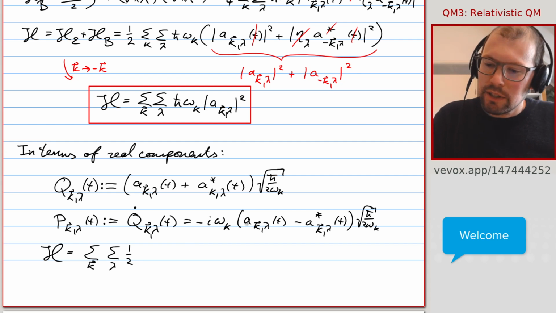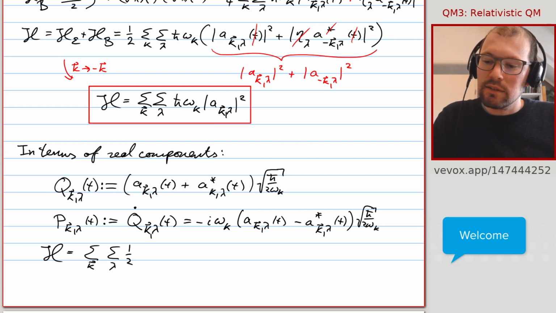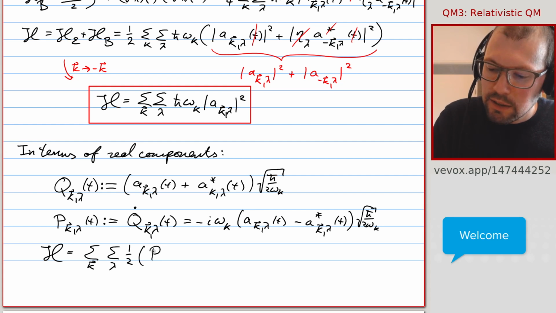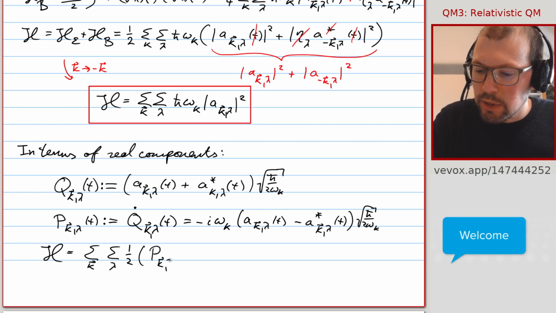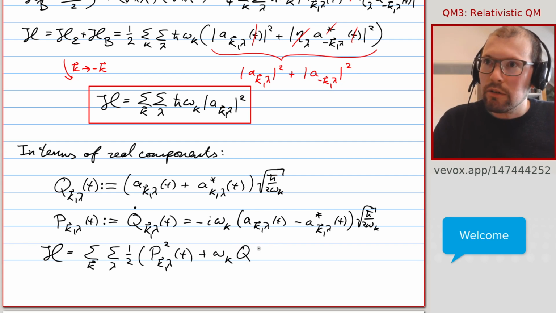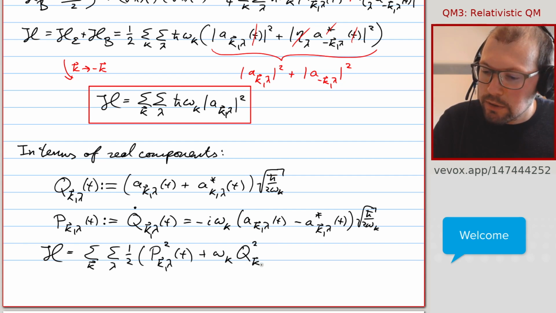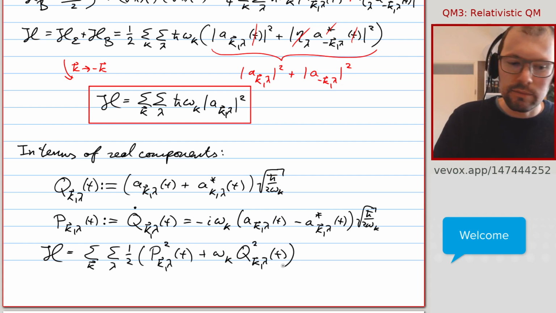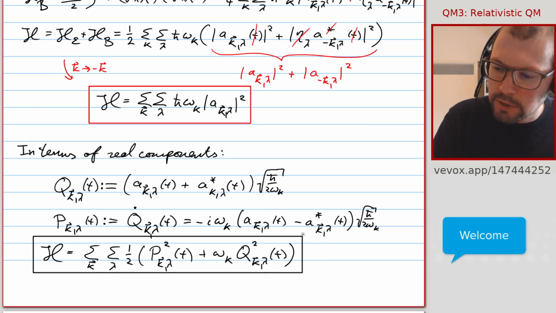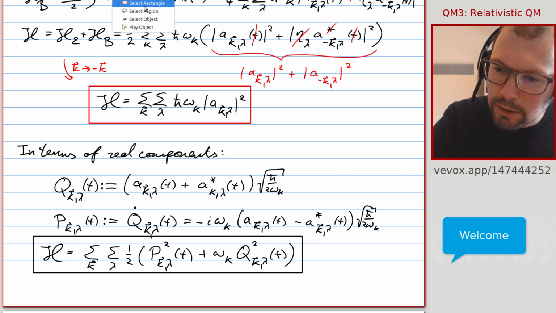And if you solve these two equations for A and A conjugate, plug them in there, you get that this is simply the square of P plus omega k times the square of Q. Oh, I want this one to be red.